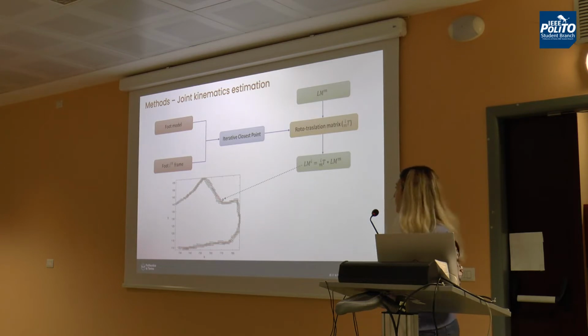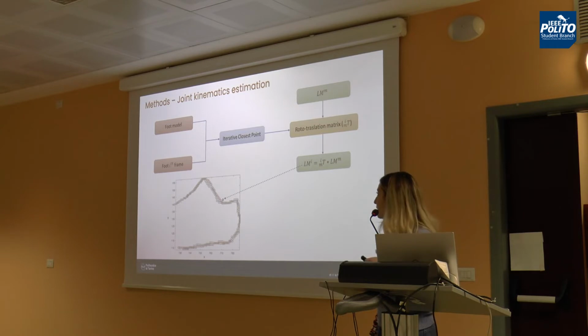This algorithm is an optimization technique to find the rototranslation matrix that minimizes the distance between the foot model and the segmented foot. By multiplying the rototranslation matrix by the position of the lateral malleolus in the model, it's possible to estimate the position of this anatomical landmark in each frame.